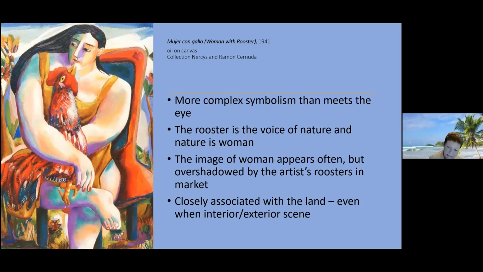Even when interior and exterior scenes appear, there is something that is there as well. It might be a bird, it might be the rooster, it might be flowers, and it might be fruit, all of which have to play their role when it comes to fertility. And the woman and the rooster as a fertile pair.